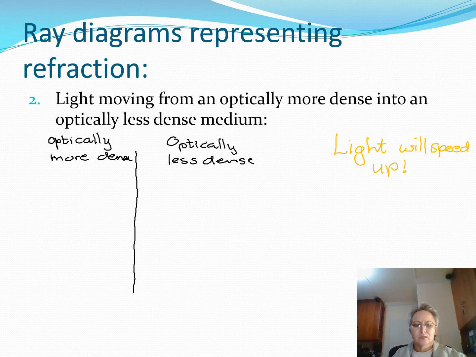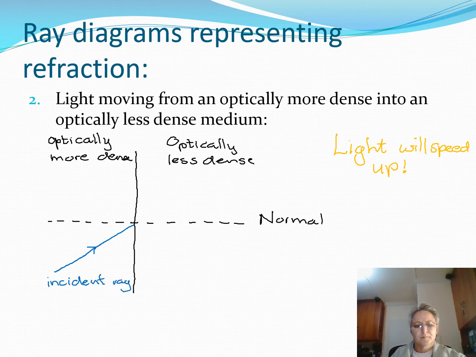Once again, we need to draw our normal in, normal to the surface separating the two mediums. Our incident ray, with the angle of incidence shown there.